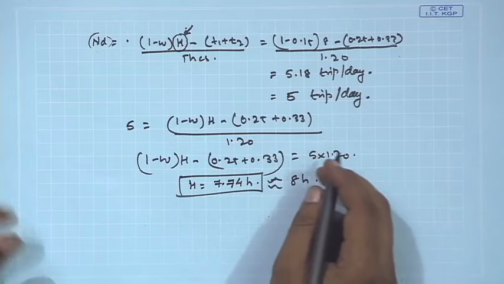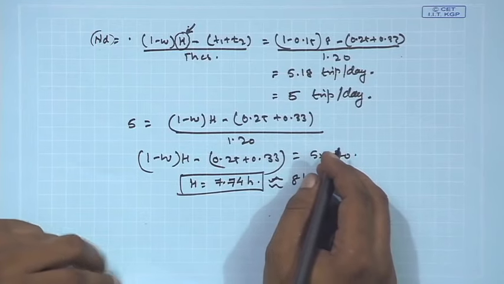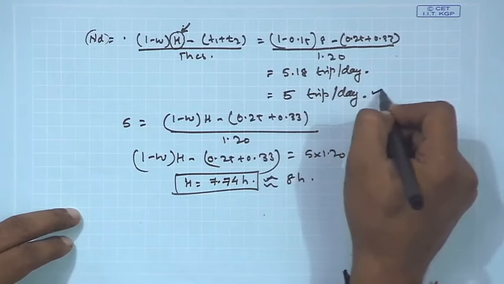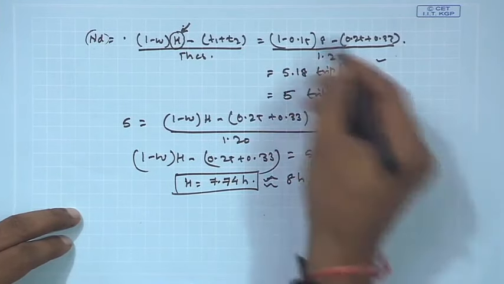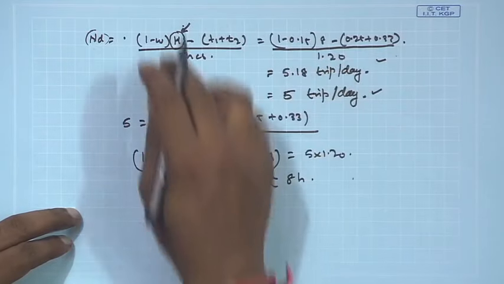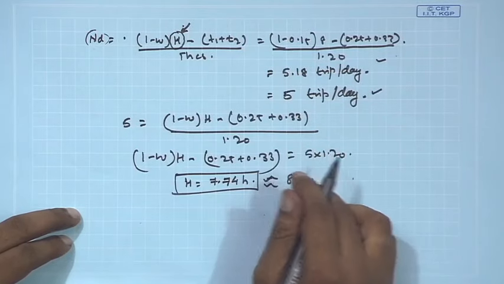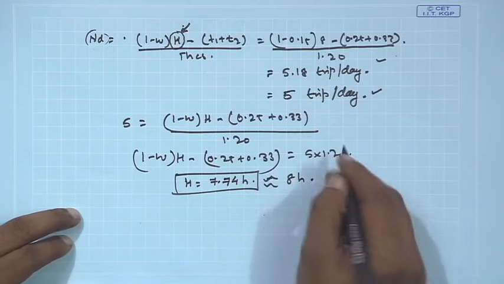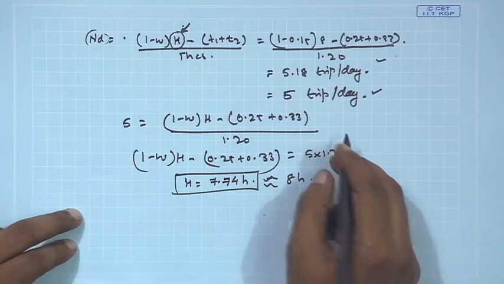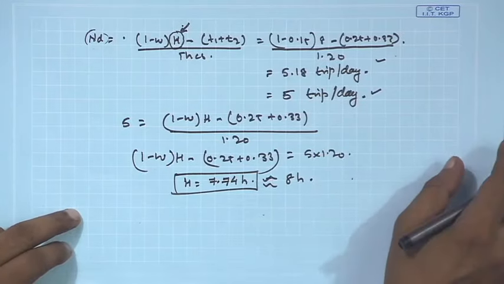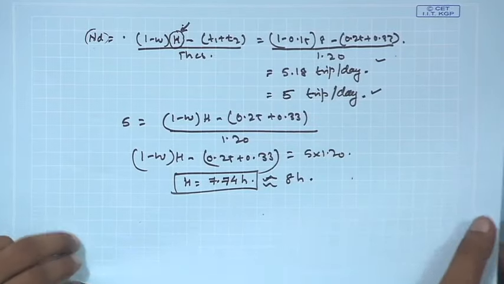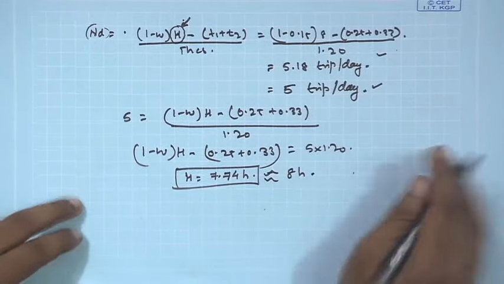The value given in the question was 8 hour. We found everything for the 8 hour, and by using whatever we found, when we back check, we found the working hour is almost near to 8 hour. So it solves our first transportation question related to the haul container system. Likewise, you can solve other numericals as well.